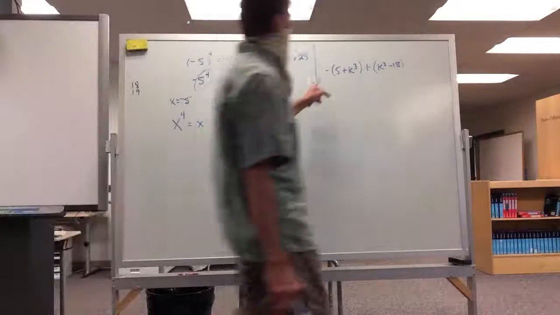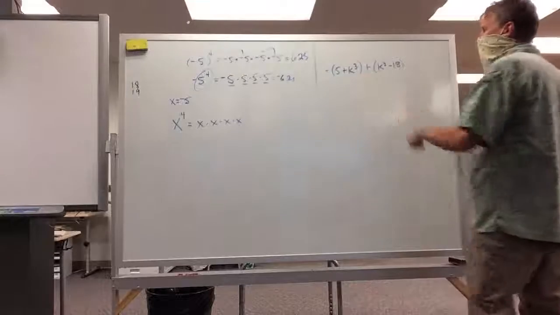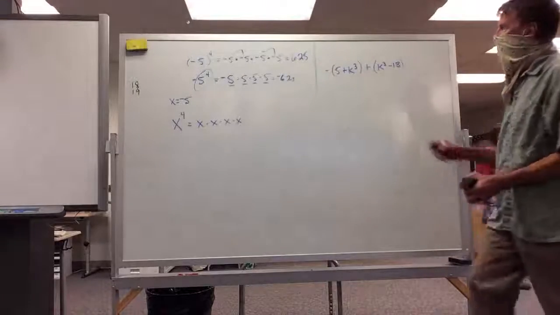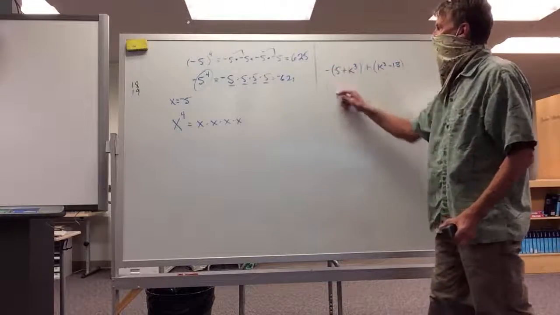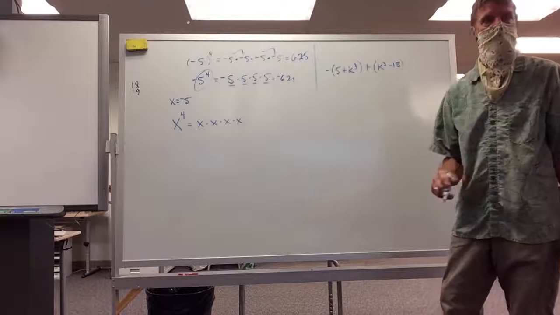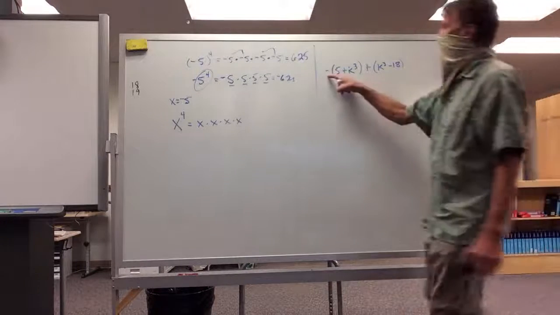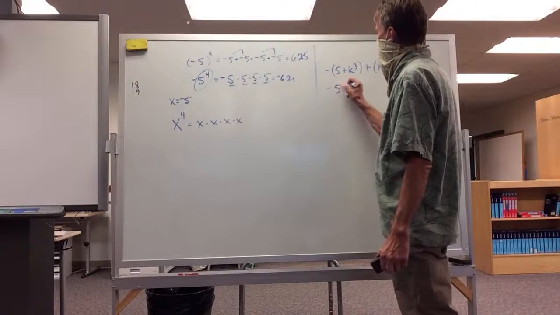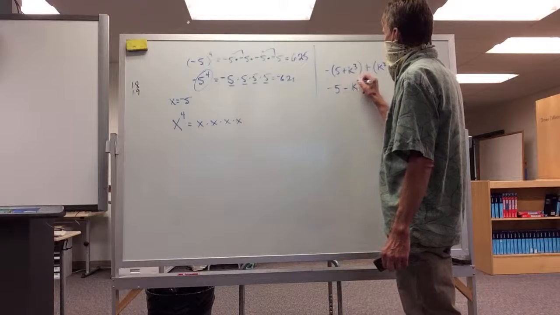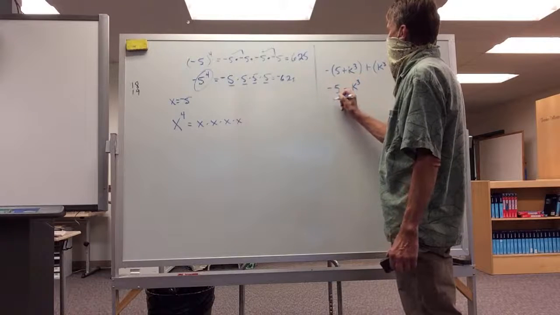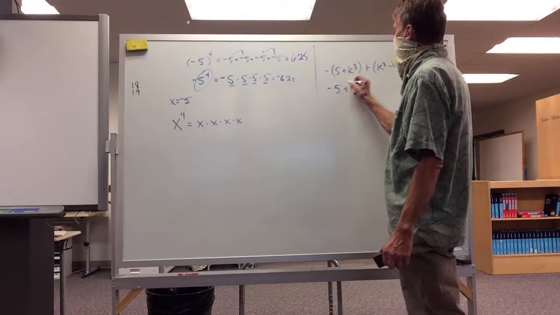So if we remove these first parentheses here, what does this become? They both become negatives. Yeah, so you could do this plus a negative k to the third.